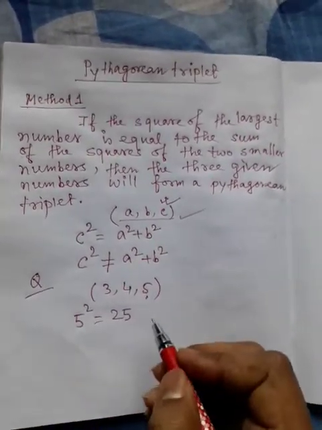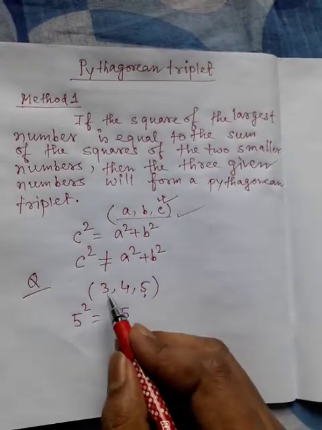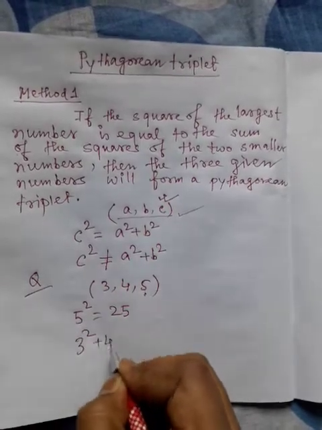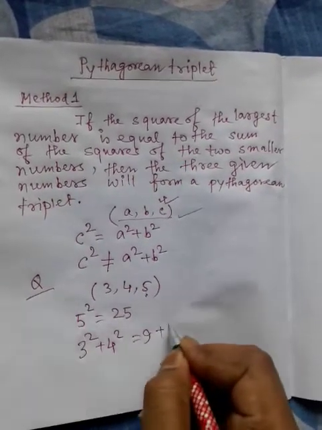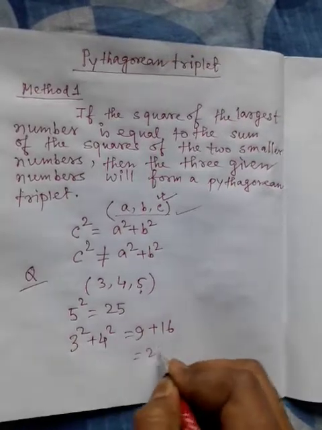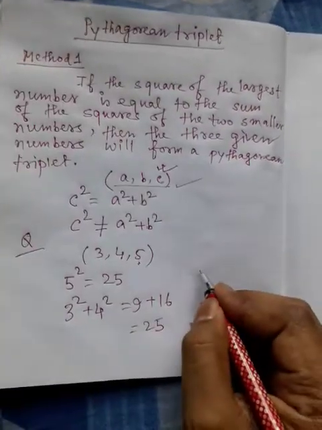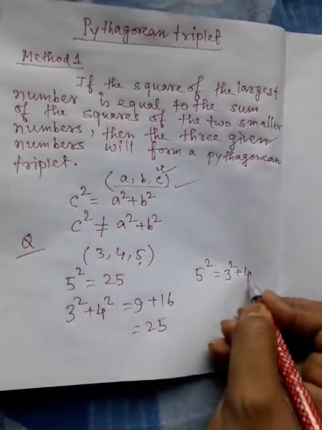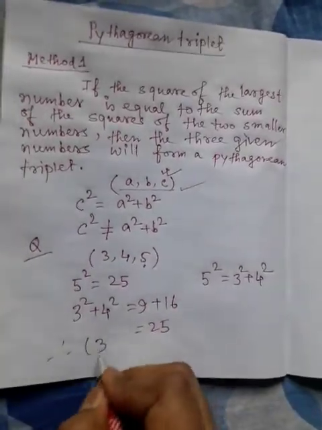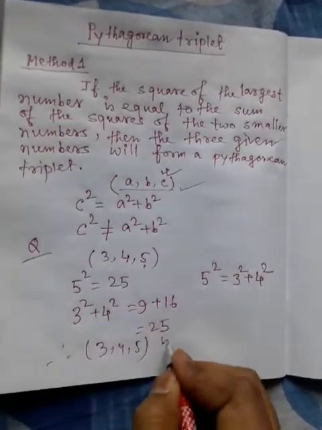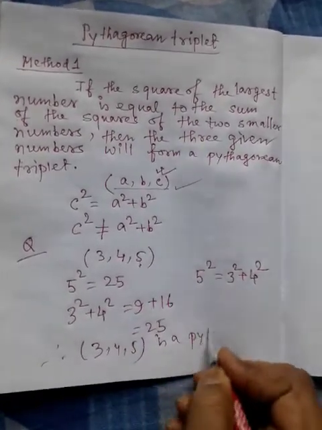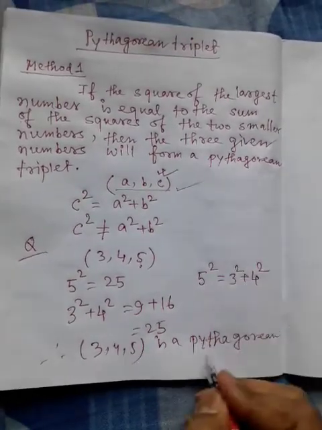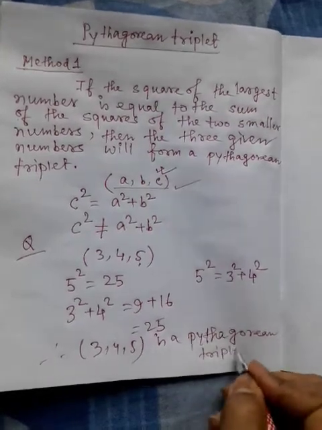Then check the sum of the squares of the two smaller numbers, that is 3 square plus 4 square. 3 square plus 4 square equals 9 plus 16 equals 25. So here we get 5 square is equal to 3 square plus 4 square. Therefore 3, 4, 5 is a Pythagorean triplet. Clear?